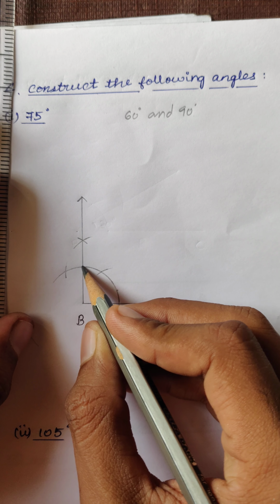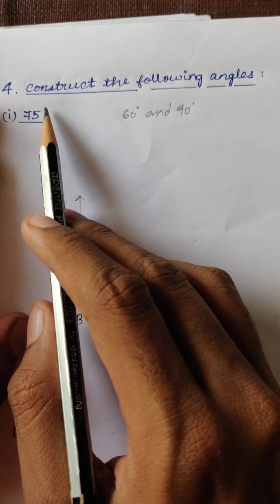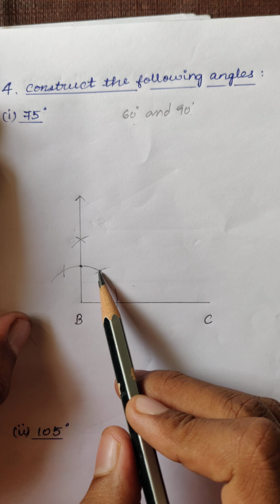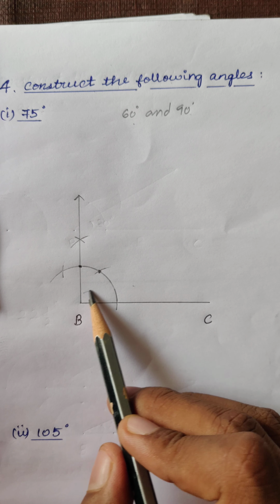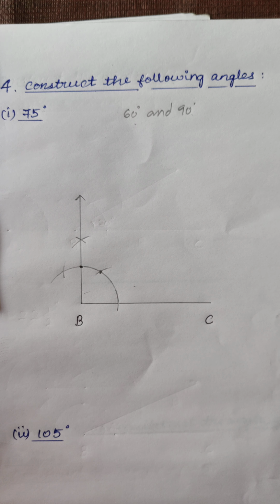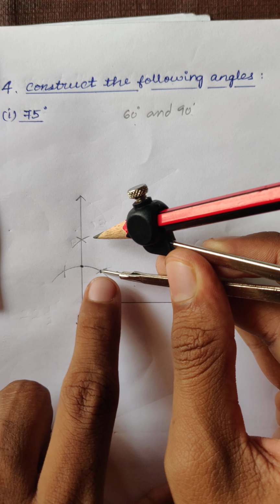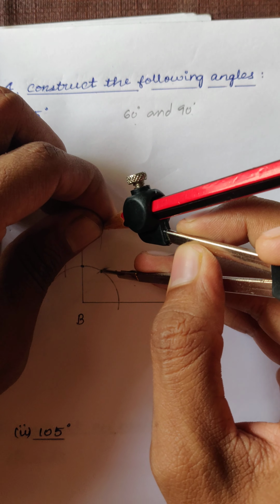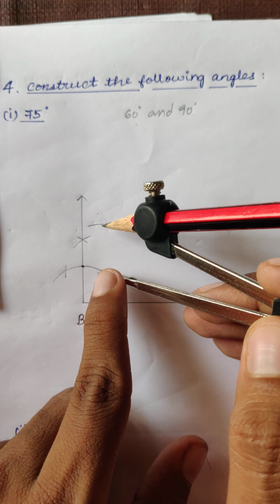So we know that this will be 90 and this will be 60. Since 75 degree lies between 60 and 90, we have constructed 60, and using which we have also constructed 90. So this is the extreme point of 90 degree and this will be 60 degree. Again we have to bisect 60 and 90. From this point we can even increase this measurement a bit. So we can just cut an arc, but without changing the measure.